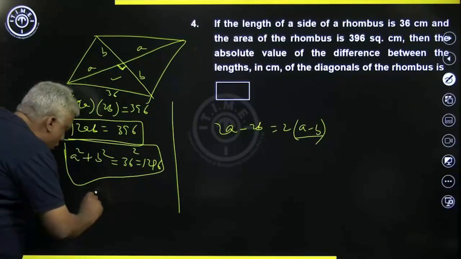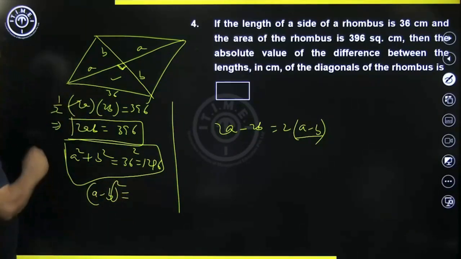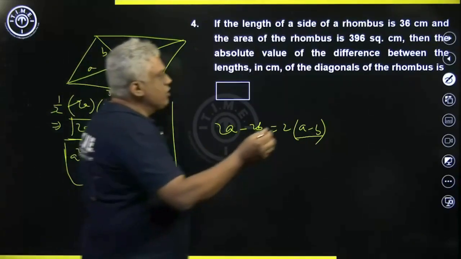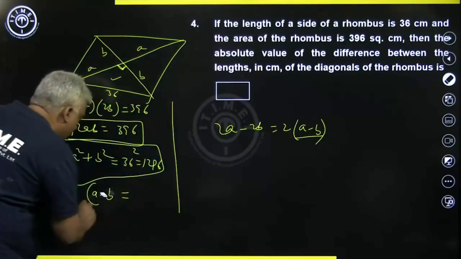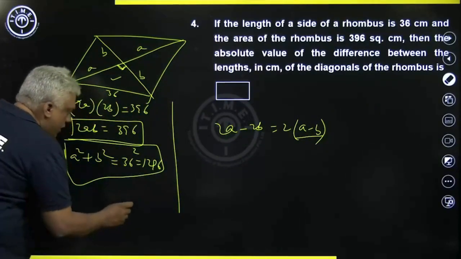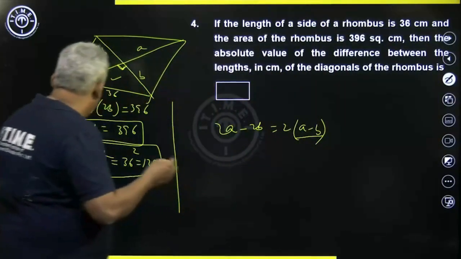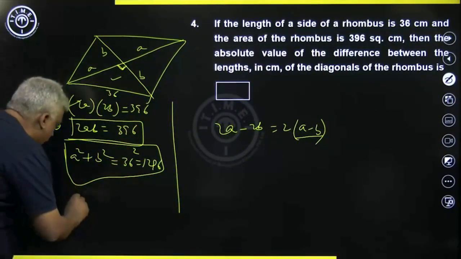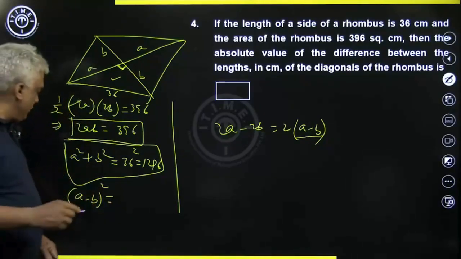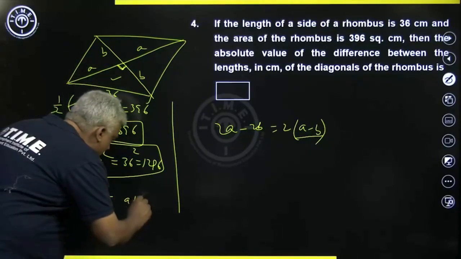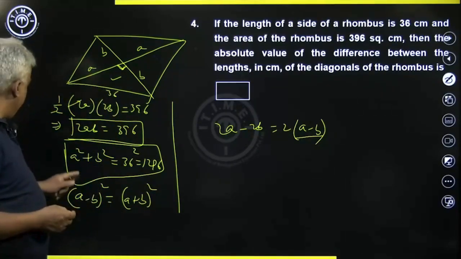So let's do one thing. What is A minus B the whole square? We know that A minus B the whole square, like A plus B the whole square, is related to A square plus B square.